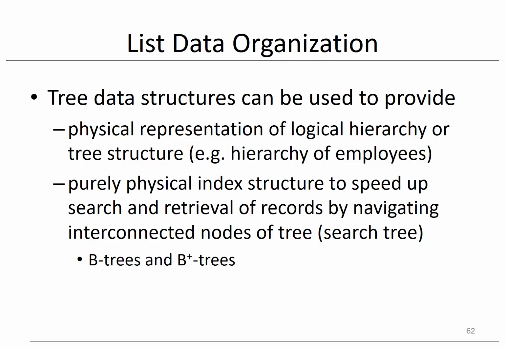We denote this type of tree structure with the general term search tree. The most well-known representatives of this class are the B tree and B plus tree, which are dealt with in more detail later in this chapter.